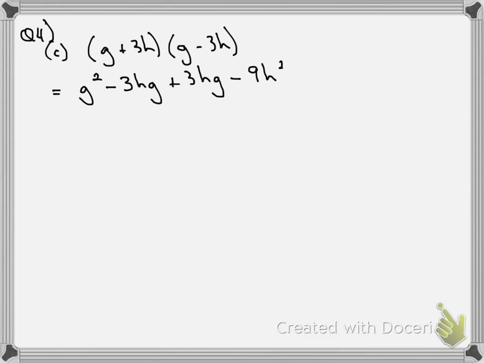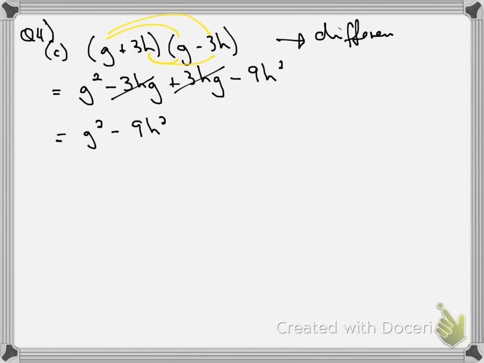How do I do that? Quite simply, multiply that with that, and that, and that. Okay, now when I do this, you'll find those two things cancel out and you're left with g squared minus 9h squared. Now, this is called a difference of two squares.